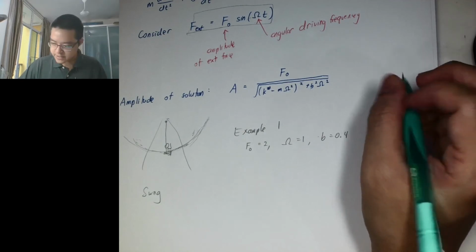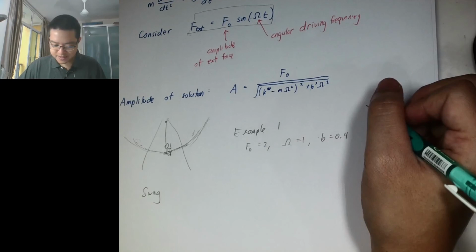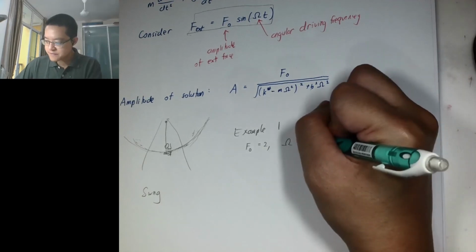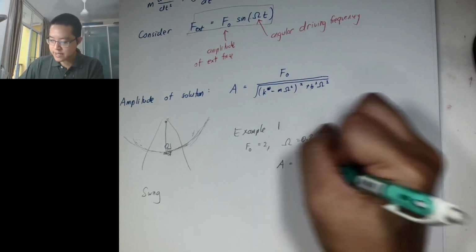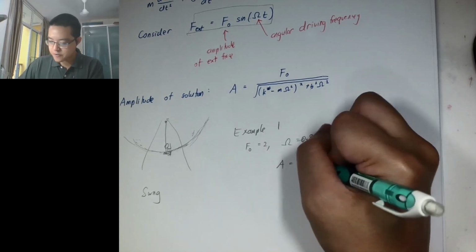Wait, I lost my numbers. Hang on a second. So let me first try example 1, 0.8, b 0.4. If I calculate this A, it's going to give you 4.152.